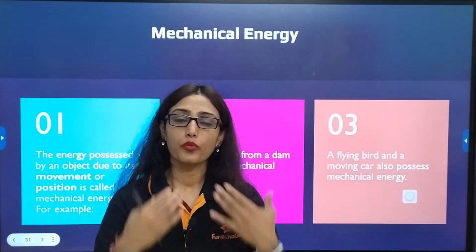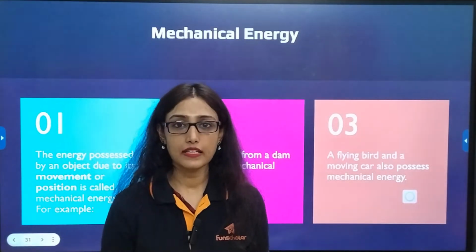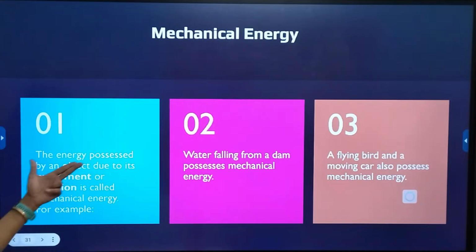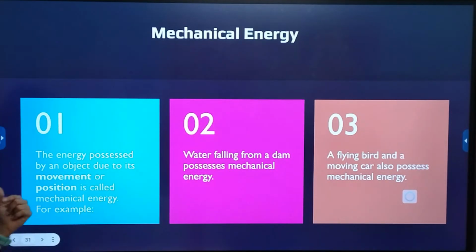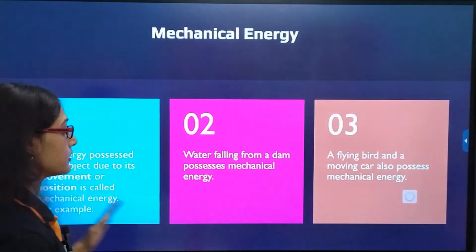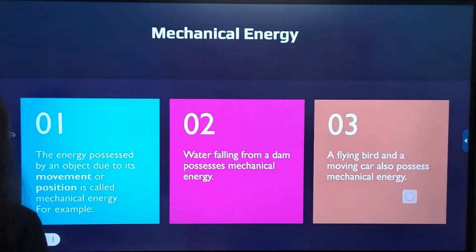The energy possessed by an object due to its movement or position is called mechanical energy. Clear now? I hope I have made it clear to you.